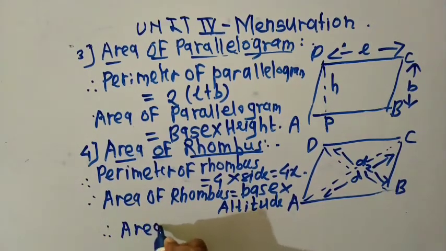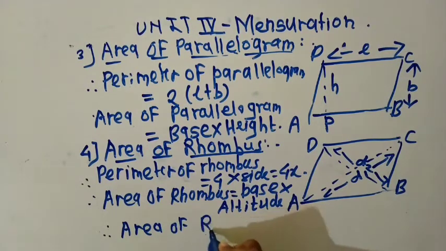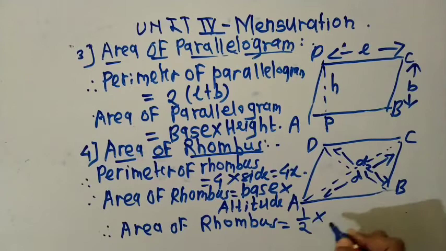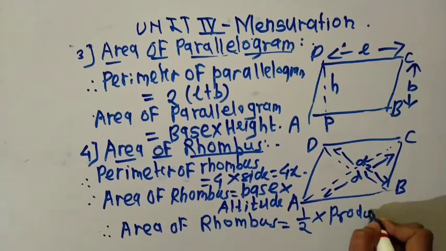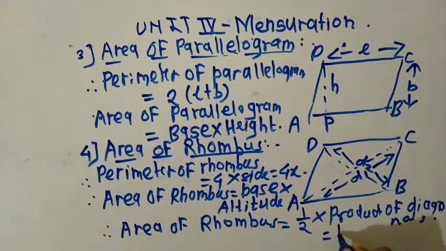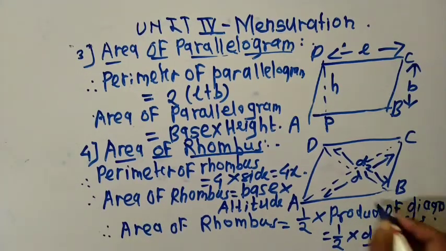Also, area of rhombus is equal to 1 by 2 into product of diagonals, means 1 by 2 into d1 into d2. D1 and d2 are the diagonals of this rhombus.